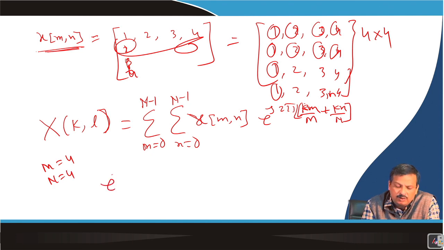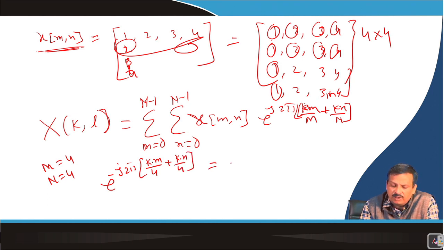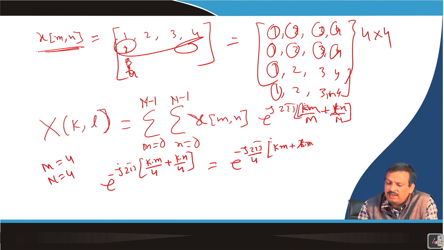So, this is e to the power minus j 2 pi into k m divided by 4 plus l n divided by 4. I can say e to the power minus j 2 pi by 4 into k m plus l n.